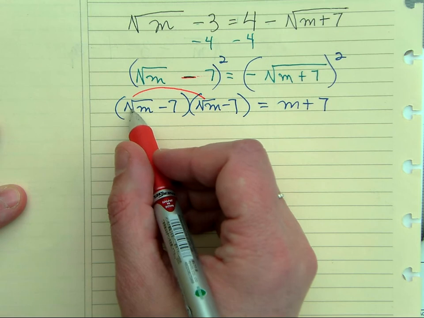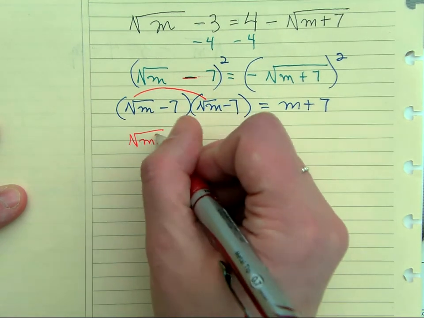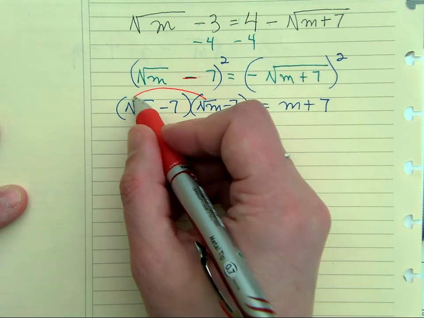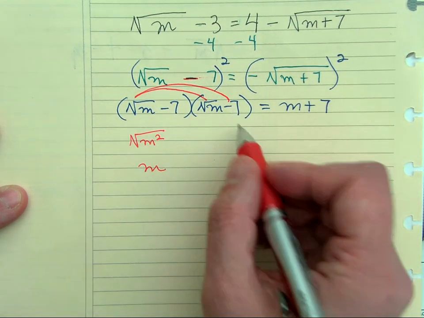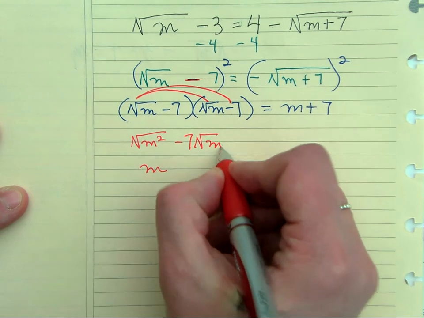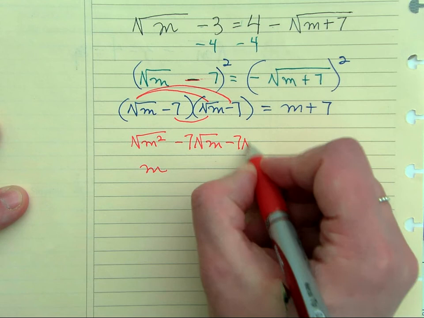So square root of m times the square root of m is the square root of m squared, or you could have just called that m, right? Then we have the square root of m times negative 7, which is negative 7 square root of m. Inside, you get another one, negative 7 square root of m.